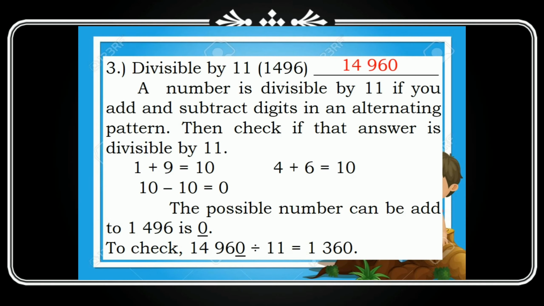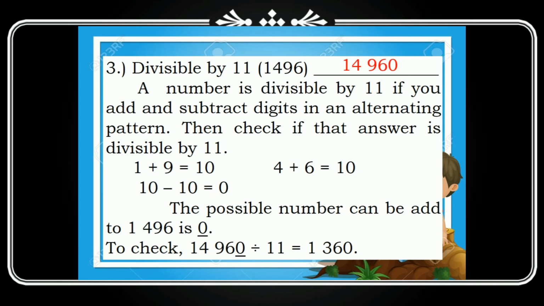And for number 3, divisible by 11, the given number is 1,496. A number is divisible by 11 if you add and subtract digits in an alternating pattern. Then check if that answer is divisible by 11. 1 plus 9 is equal to 10. 4 plus 6 is equal to 10.